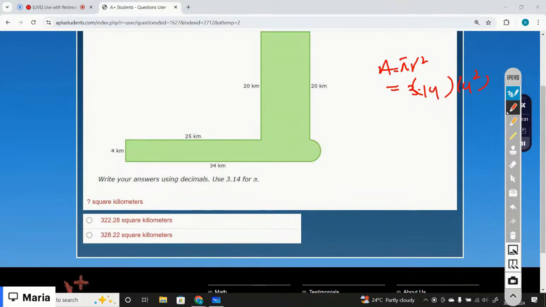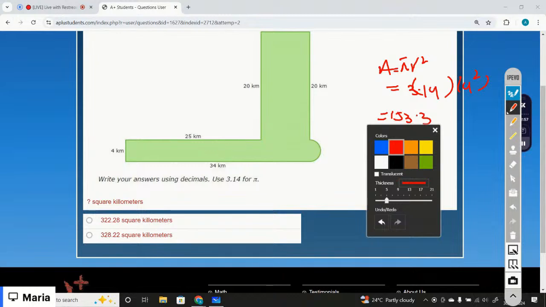So 16 times 3.14 equals. So the area of the circle is 153.35.